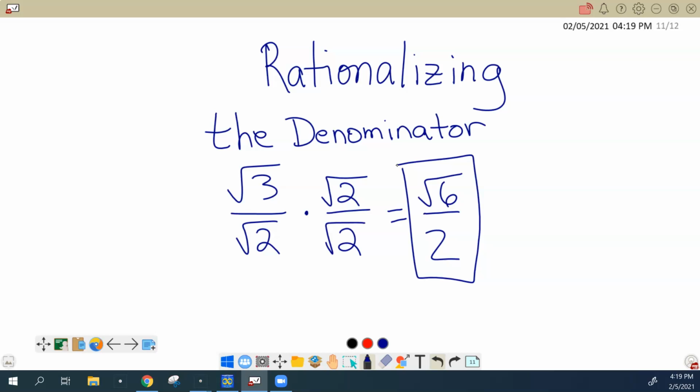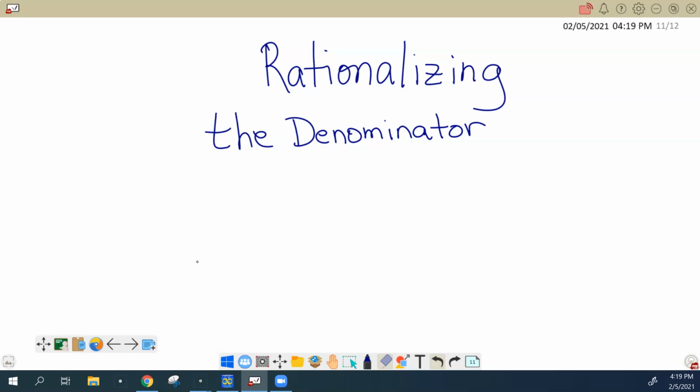One more thing to add when we're rationalizing the denominator. Say, for example, we had a situation where we had a coefficient of one of those radicals. We had a rational number being multiplied along with the radical. Like, say, for example, root 5 divided by 3 root 3. So you might think, oh, I have to multiply all of this.